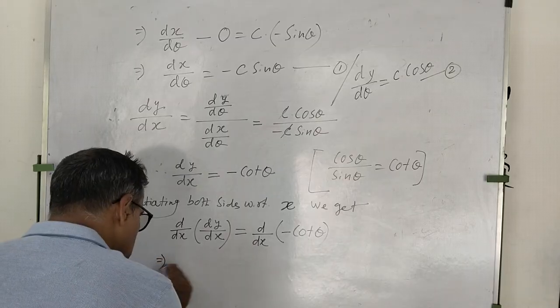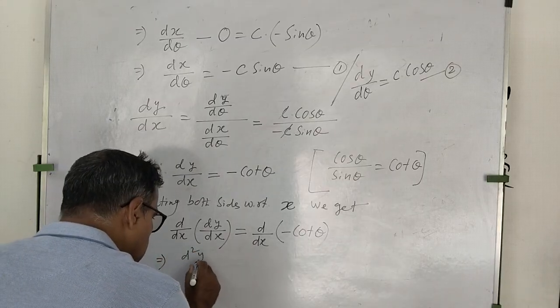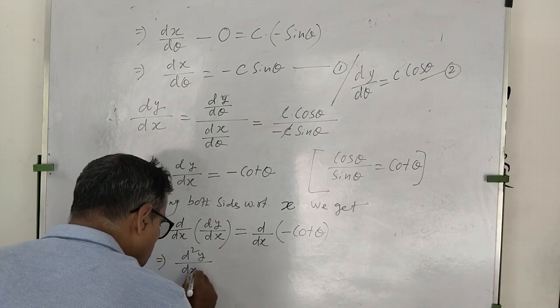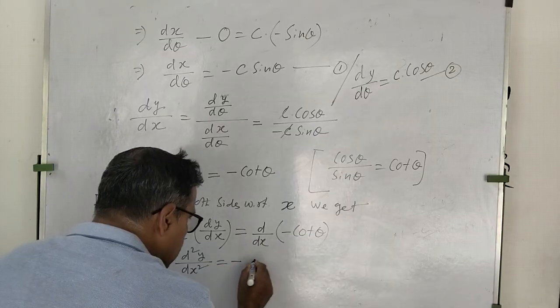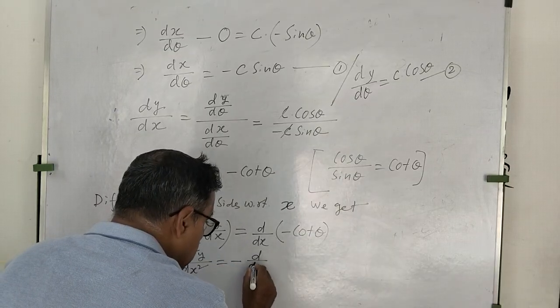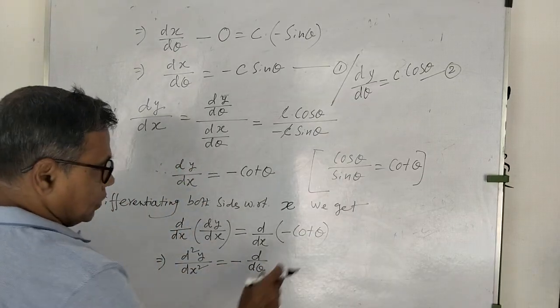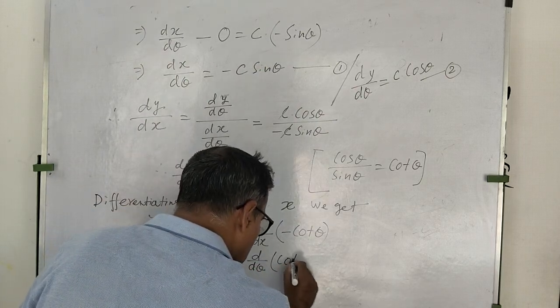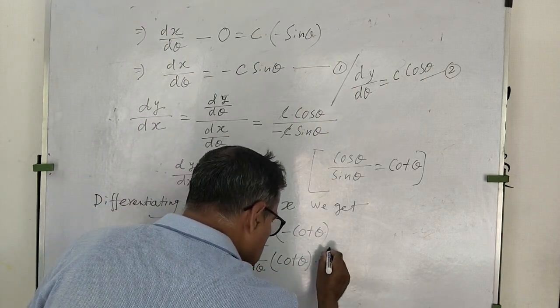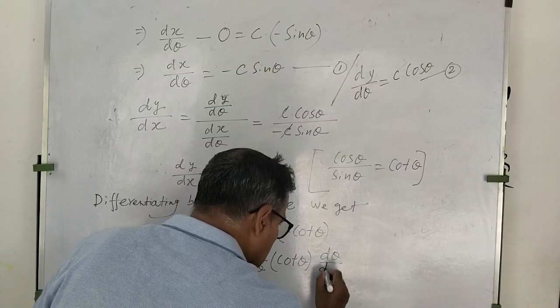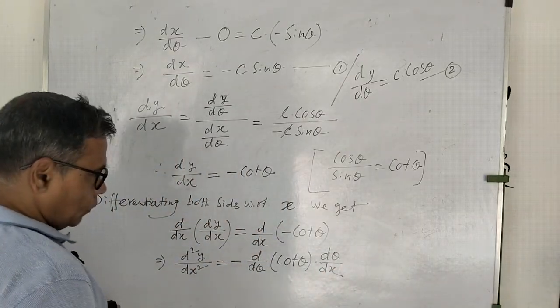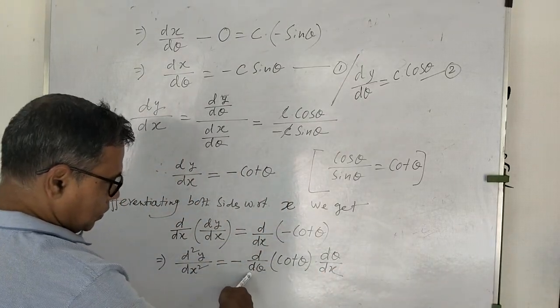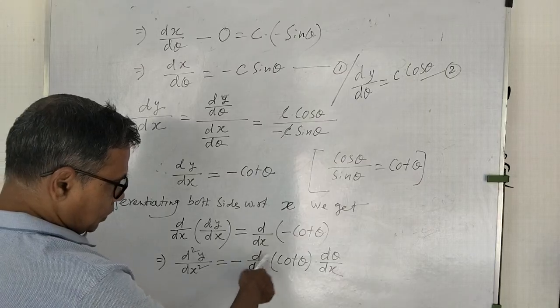This implies d²y/dx² equals minus d/dθ of cot θ into dθ/dx. This dθ will be cancelled.